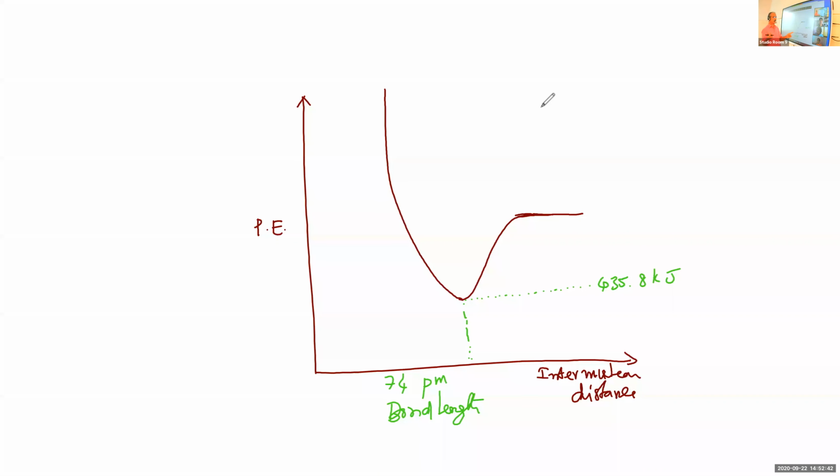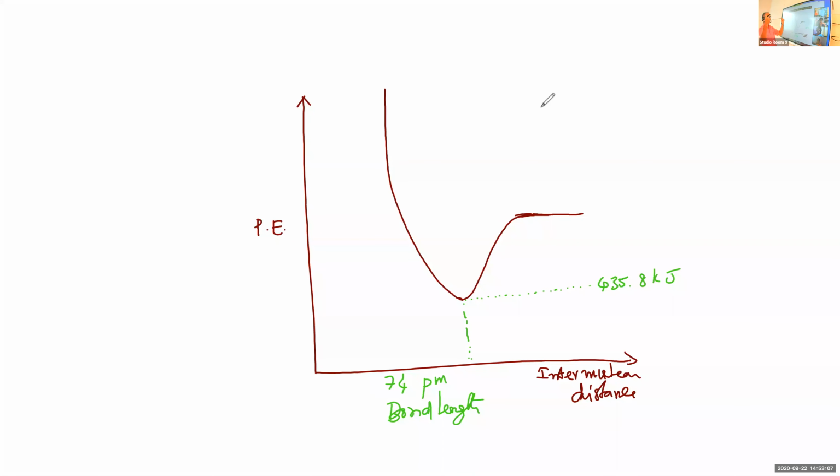And there is the formation of the H2 molecule at this condition. The nuclei cannot come closer than 74 picometer. If the nuclei are coming closer than 74 picometer, then there is a repulsive force again.